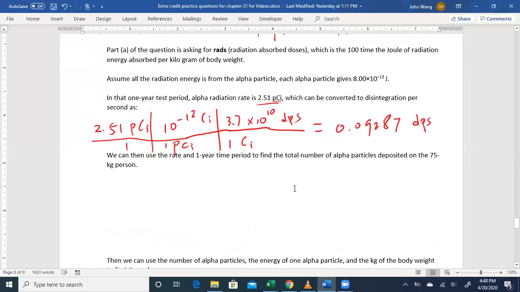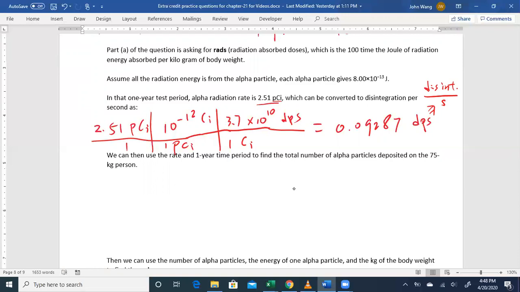Next, DPS means disintegrations per second, so the time unit is seconds. Therefore, we want to convert a 1 year test period into how many seconds.